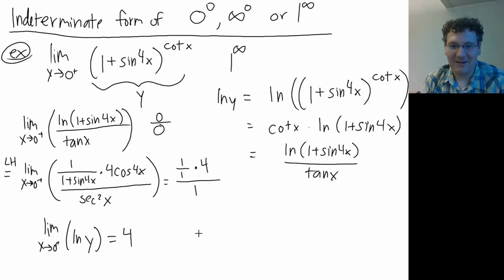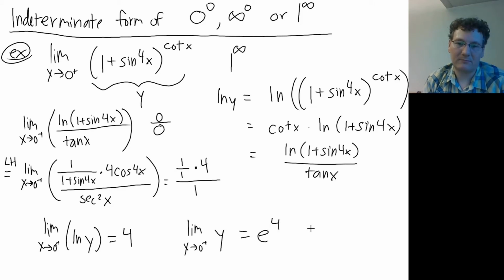We would say that the limit as x goes to 0 from the right of y is going to be e to the power 4. That's the inverse function.